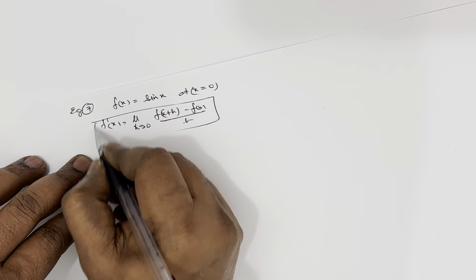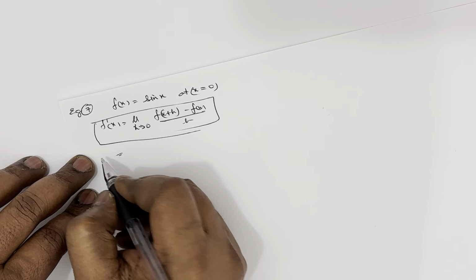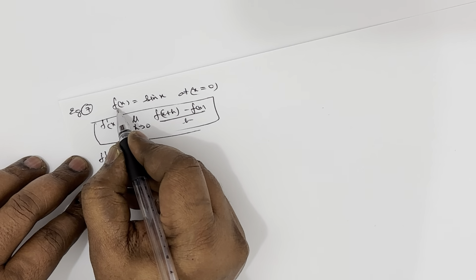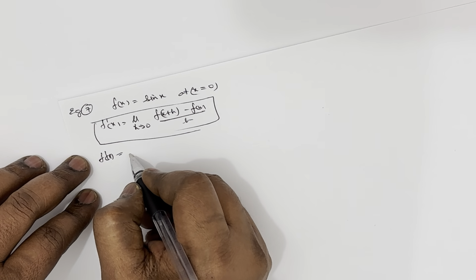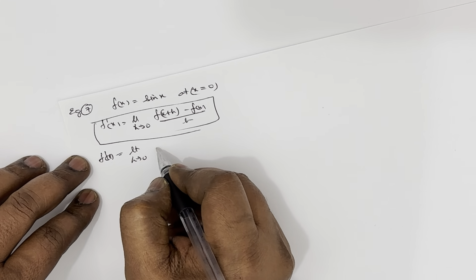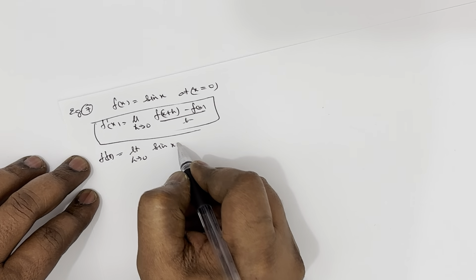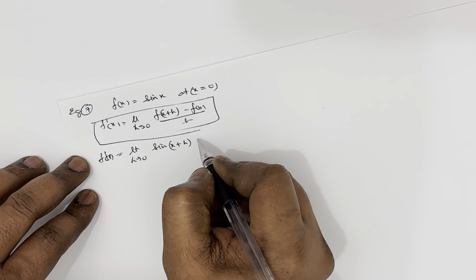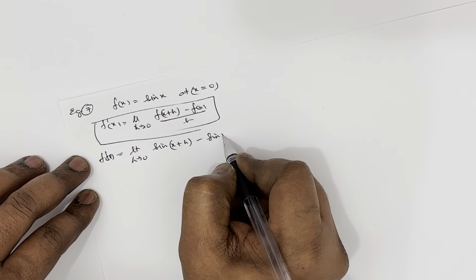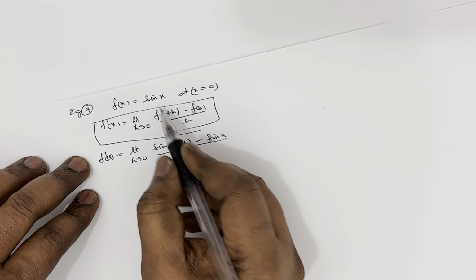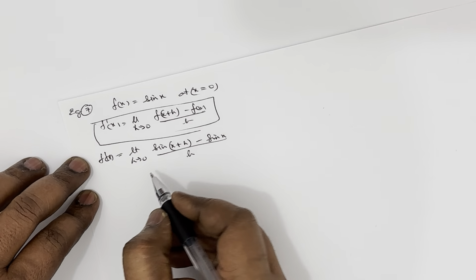So f of x is this, f dash of x will be limit h tends to 0 of sine of x plus h minus sine x upon h. Okay, all the x will be added with h.